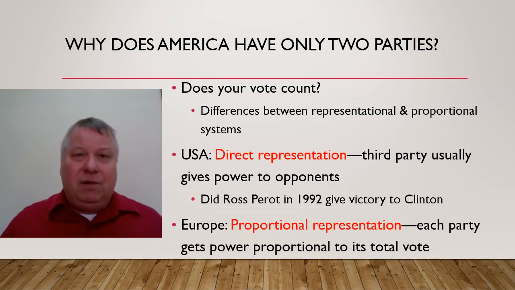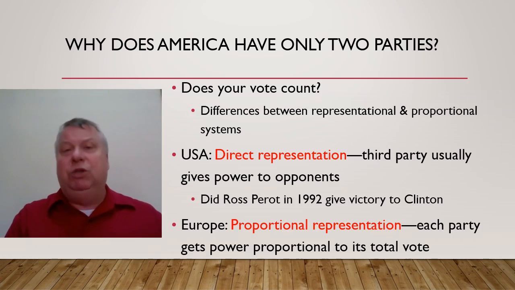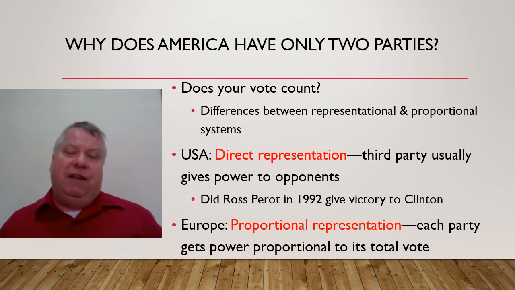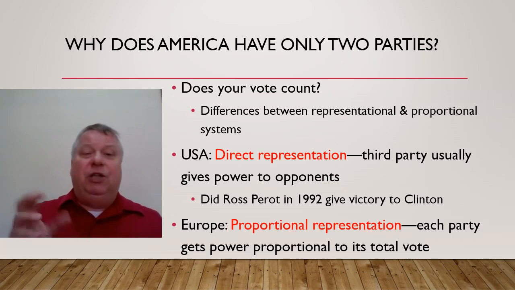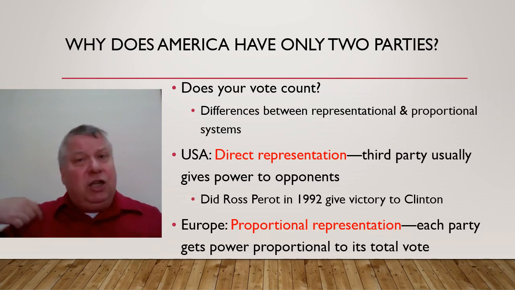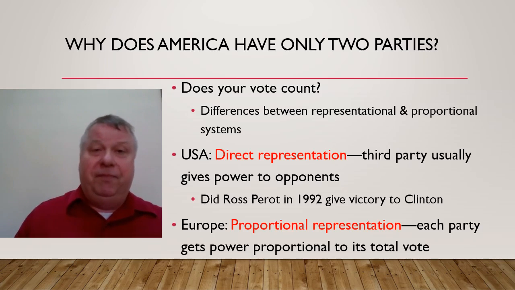Nothing, right? But he may have weakened the candidate who was closest to him philosophically, George Bush, because some of the Republicans switched their votes to Ross Perot, right? So in fact, what usually happens is a third-party candidate weakens whatever party is closest to them.